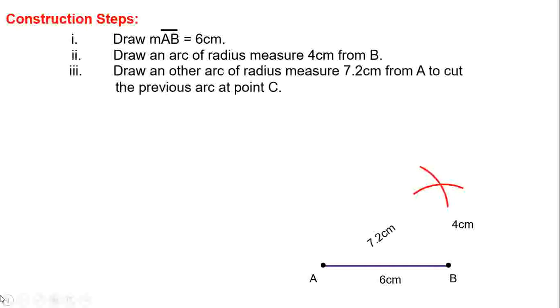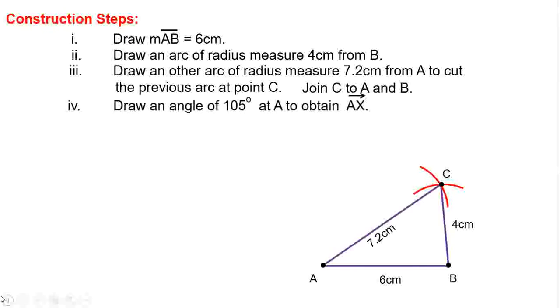Next step, draw another arc of radius measure 7.2 cm from A to cut the previous arc at point C. Join C to A and B. Draw an angle of 105 degrees at A to obtain ray AX.